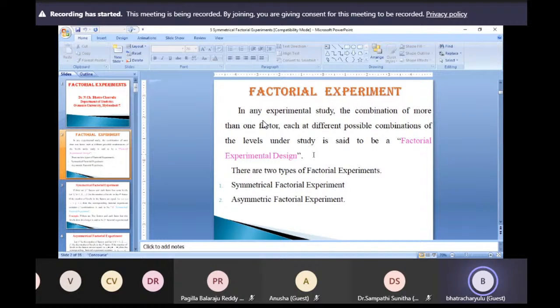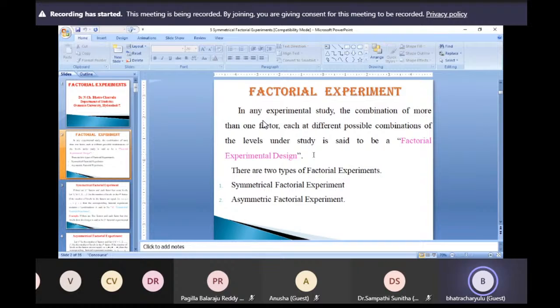If you are applying these individually, nitrogen is one treatment, phosphorus is another treatment, calcium is another treatment. I'm applying these fertilizers to the land area individually on a particular crop and collecting the yields. Then generally you go for the varietal trials, either completely randomized design or randomized block design or lattice square design.